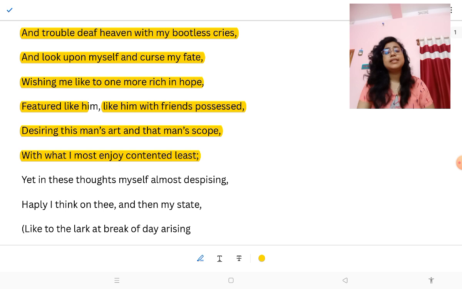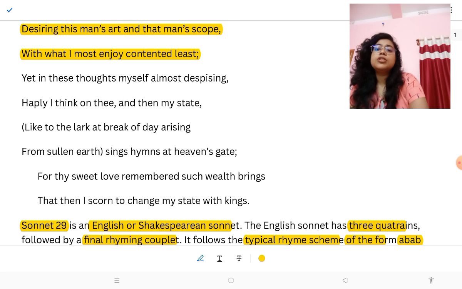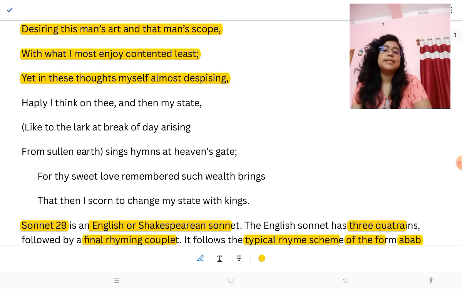contented least. So he said that if I get everything which is in this line, he said that I want opportunity, I want a beautiful physique, I want money and all the friends, all these scopes and all these things. But if I get all these things, if I get what I most enjoy, this also could not content me, this also could not satisfy me, yet in these thoughts myself almost despising.